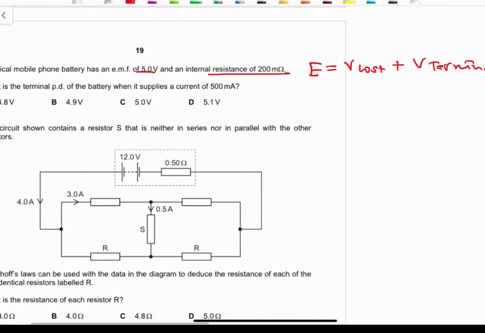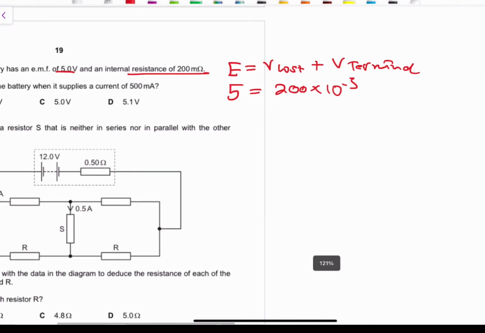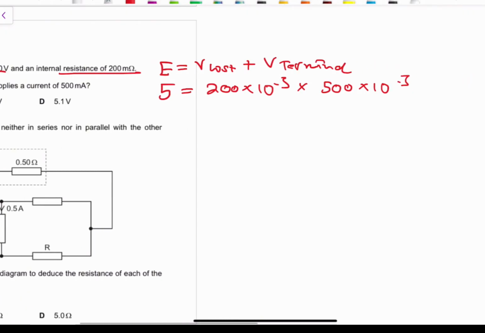Okay, that's very important. Since the EMF is 5, V lost is going to be 200 times 10 to the power of negative 3 multiplied by the current, that's the resistance multiplied by the current, which is 500 times 10 to the power of negative 3, plus your value of V terminal.